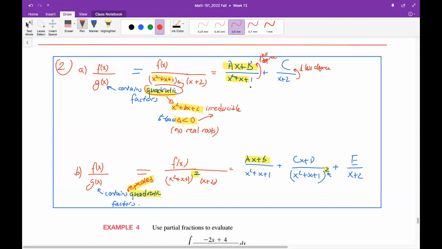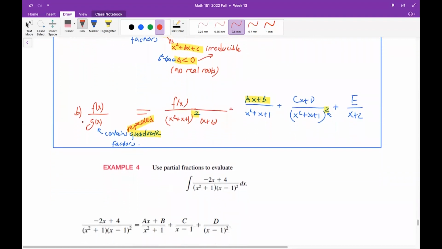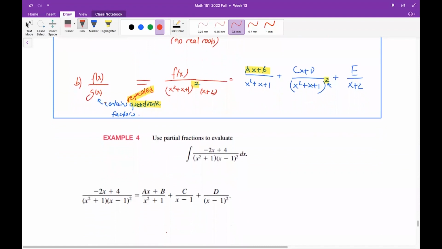Okay, then what if the denominator contains repeated quadratic factors? So x squared plus x plus 1 is a quadratic factor and it is repeated. It repeats itself 2 times. We covered what we should do for repeated factors.